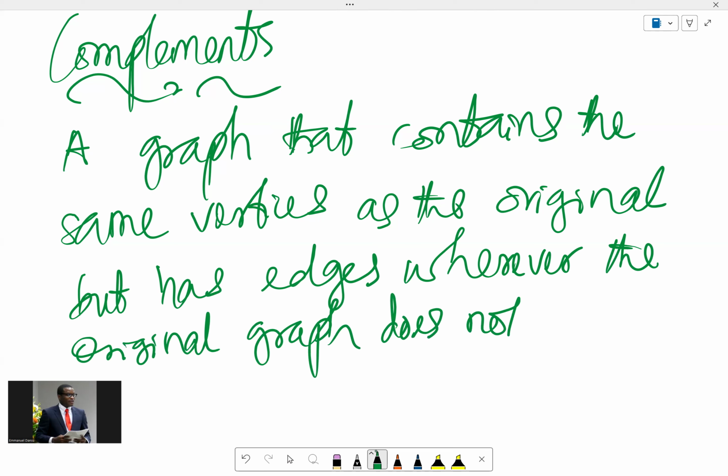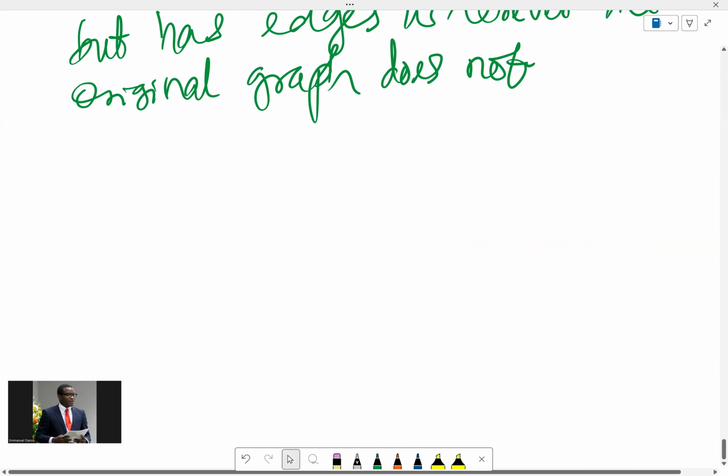It gives me the idea of the complement of a set, which is all the elements in the universal set that are not in the set.